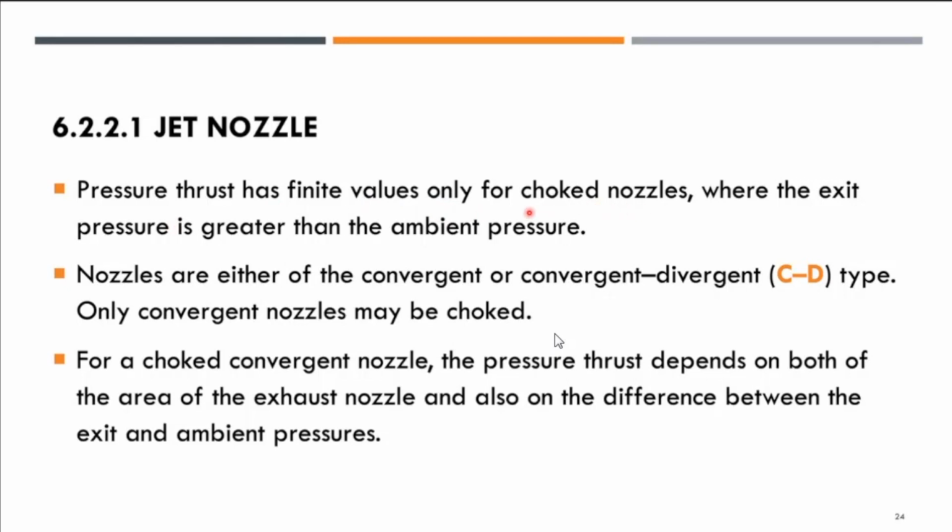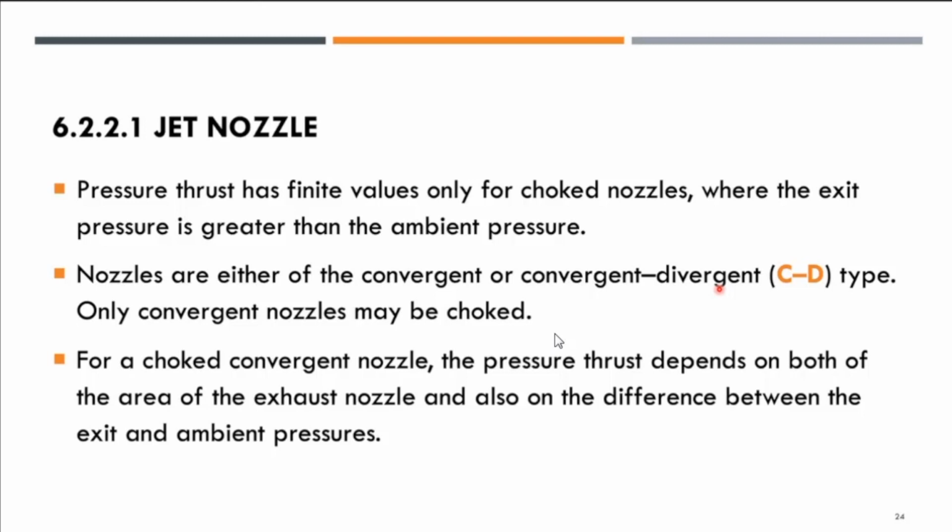For an unchoked nozzle, pressure doesn't provide any thrust force, where the exit pressure is greater than the ambient pressure. So this is the condition for a choked nozzle. Nozzles are either of the convergent or convergent divergent type. So you can just have a convergent type of nozzle or a convergent divergent type of nozzle.